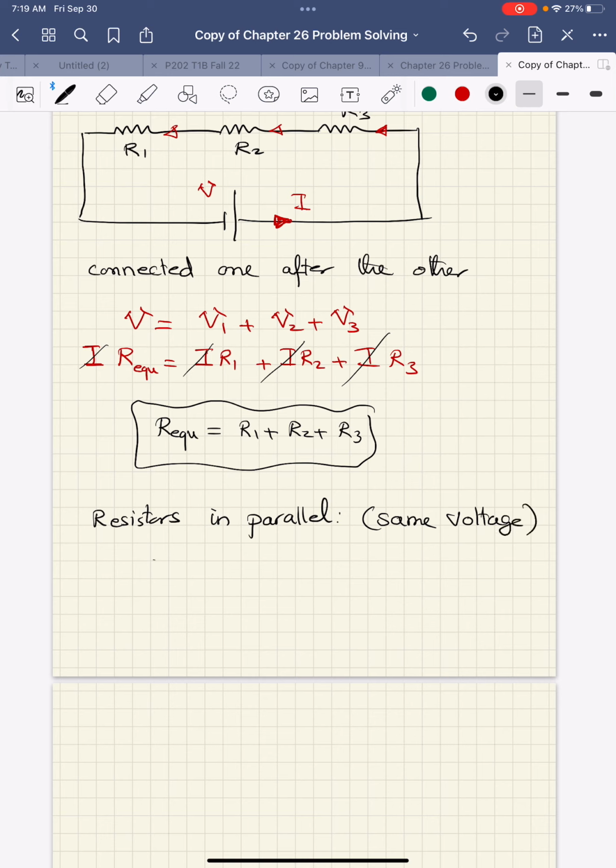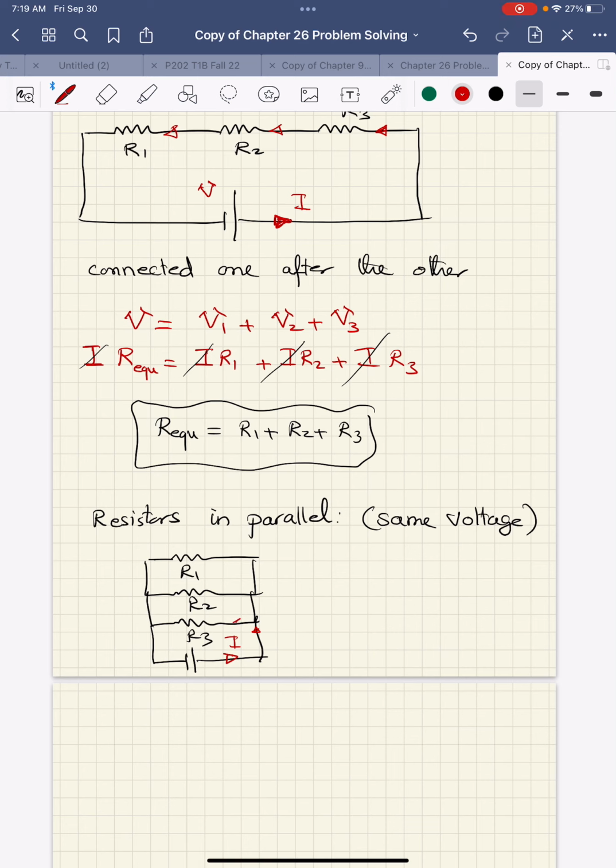Let's assume this is R1 and this is R2 and then this is R3, and then this is the voltage. What is really constant is the voltage, but the current is going to branch. When it comes here, it is going to split into branches.